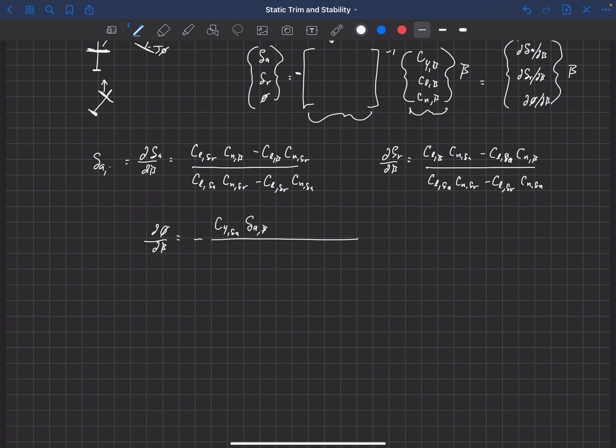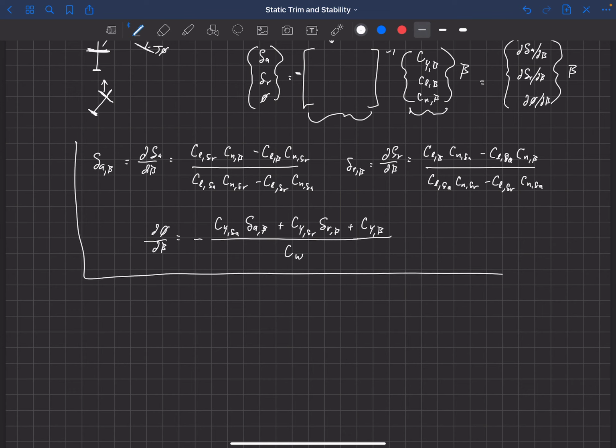Delta A comma beta, that's the change in delta A with respect to beta, plus Cy comma delta R times delta R comma beta. That's what I'm going to call this here. Delta R comma beta, plus Cy comma beta. Okay, and that whole thing divided by the weight coefficient. So these are our steady heading side slip gradients.